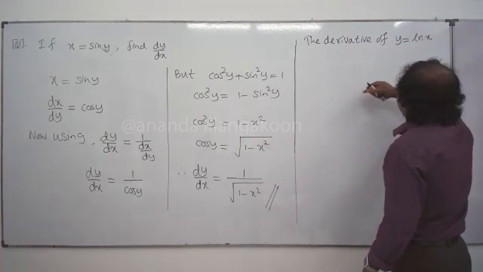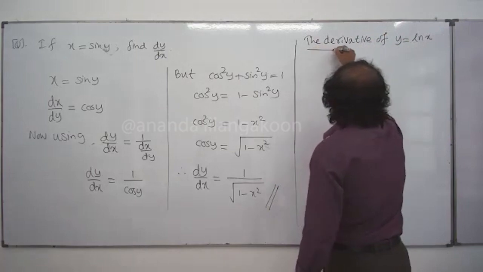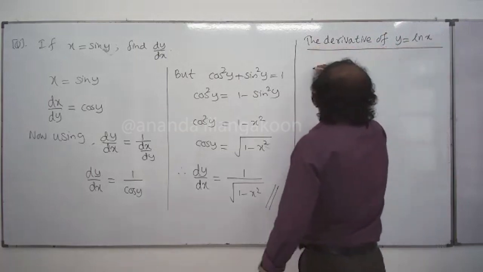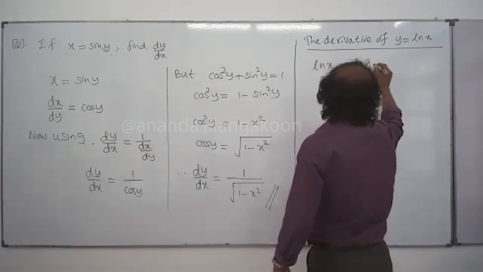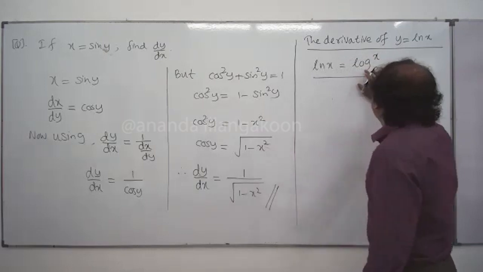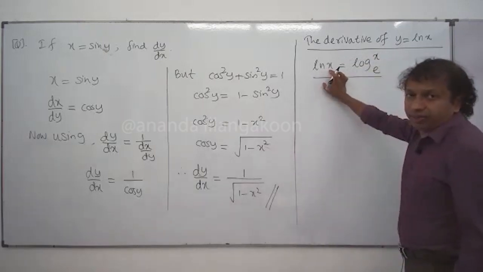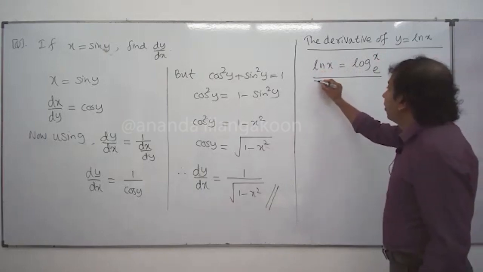People, what does this ln x mean? ln x is the logarithm of x to the base e. When the base of this log is e, that is written as ln x, right?